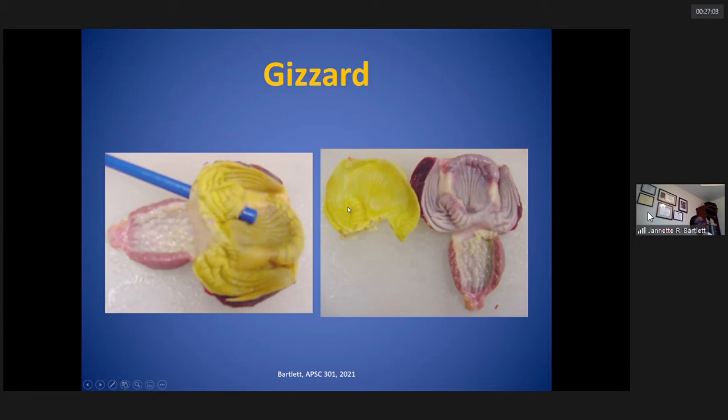And it's very easy to remove. If you actually see a gizzard, you just peel it off and it comes right off. So you do not eat this yellow portion. This is just the lining of it. When you peel it off, you can actually see the muscles, and they're really tough muscles.